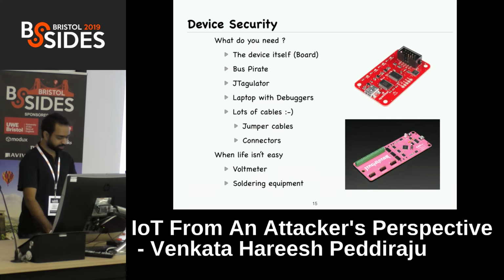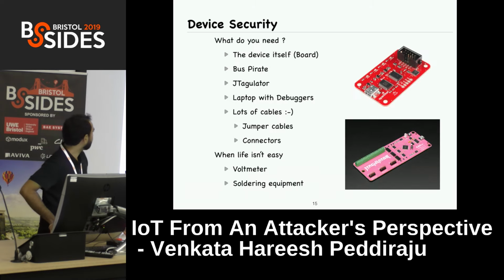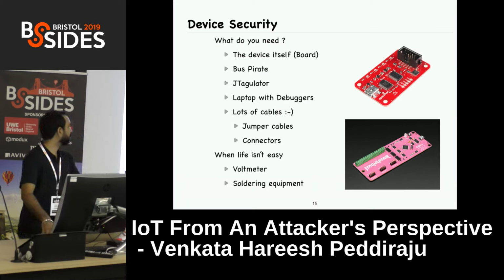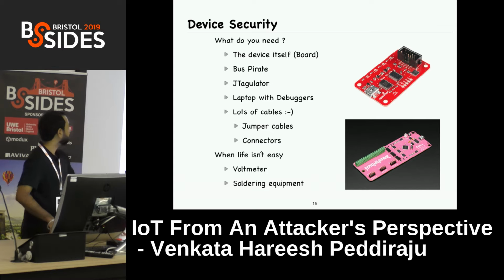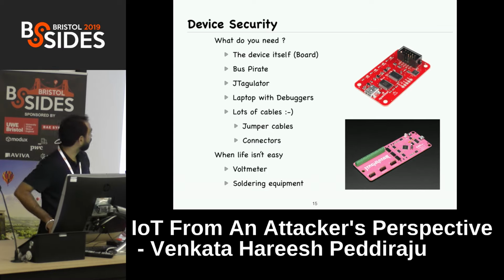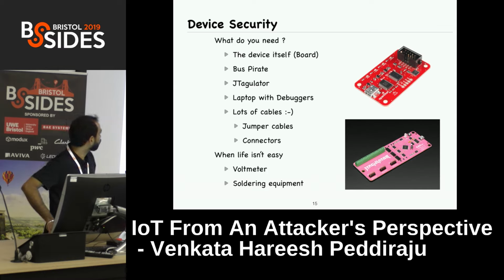And so in a case where you don't have the firmware with you, which is the case when it comes to security researchers, if you have to extract a firmware from the device, you need something called a Bus Pirate. That is the red color board that you can see on the top right corner.